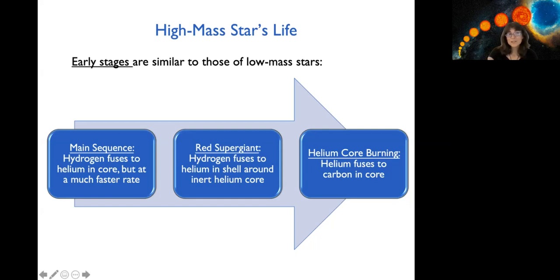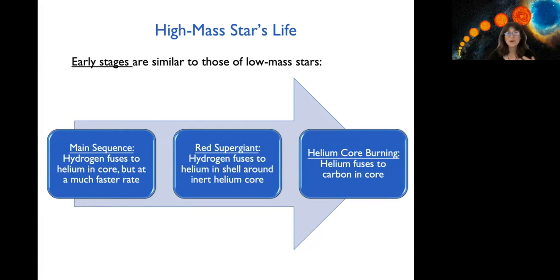During the main sequence, hydrogen fuses to helium in the core, same thing as with low mass stars, just faster, brighter, hotter. Same thing happens, hydrogen runs out, then there's a core of helium, and a shell of hydrogen that fuses around the core, and the star becomes not a giant, but a red supergiant.